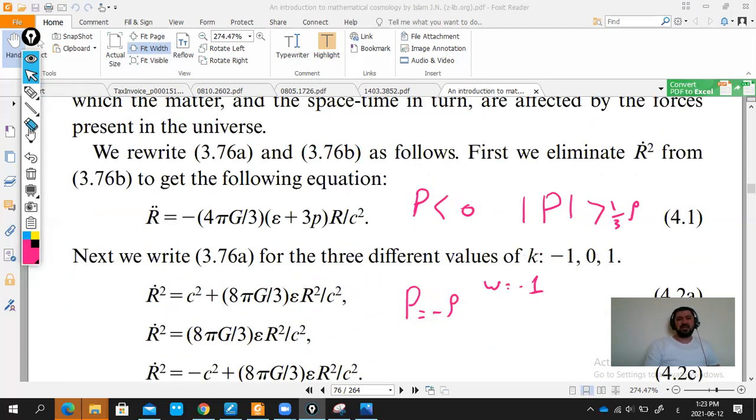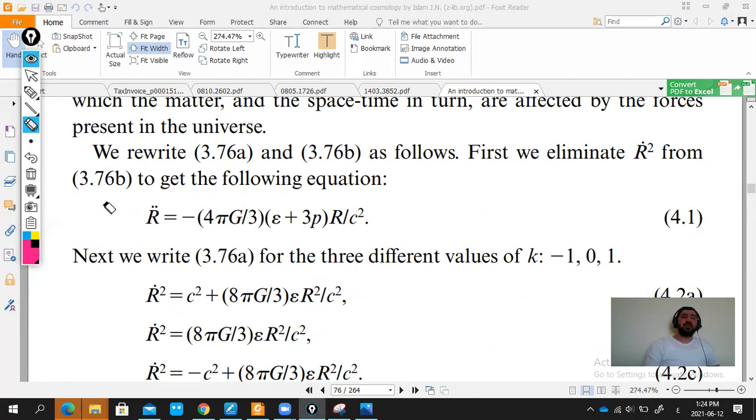But as I said, the cosmological constant is not preferred because until now we don't know its nature. Instead, we use the concept of dark energy. It's an unknown form of energy, but it satisfies an equation of state with negative pressure to make A dot dot larger than 0.